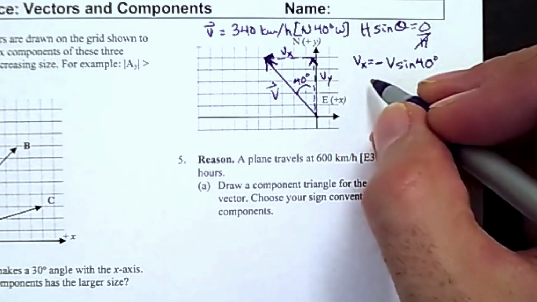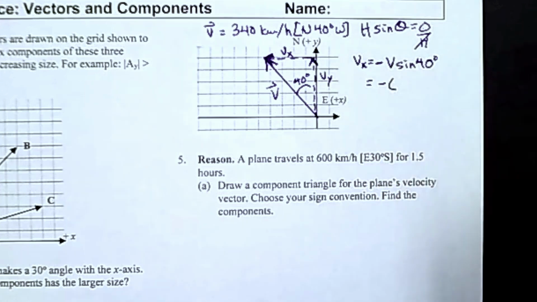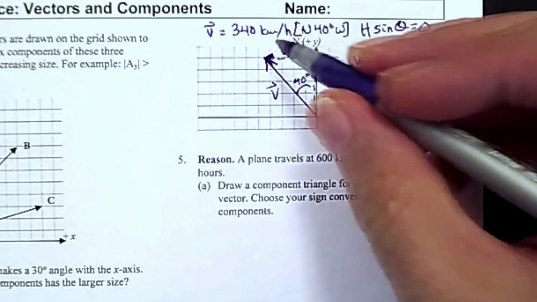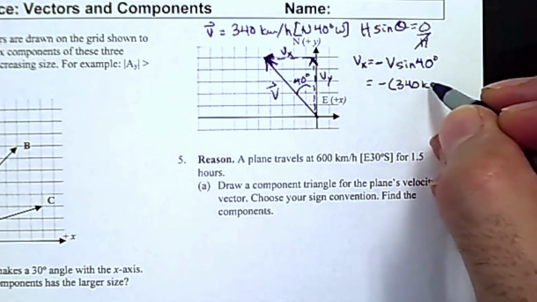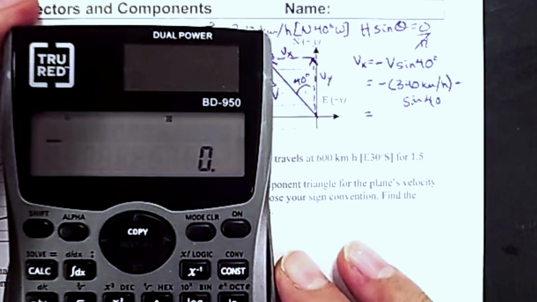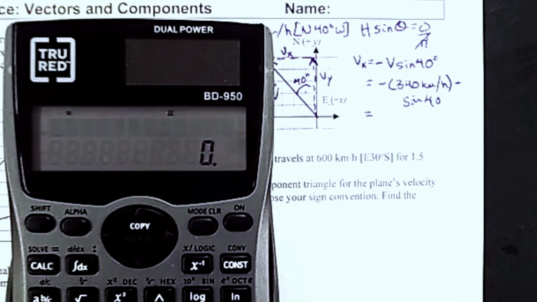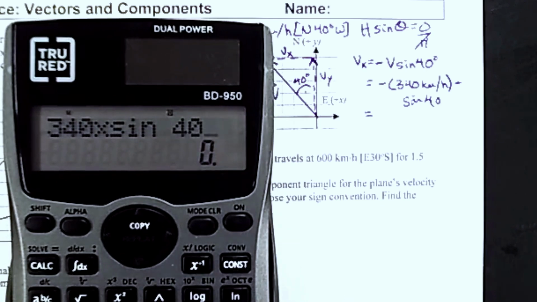Okay, so we have that set up. We can do the substitutions. Always use brackets for the quantity that you're substituting. Always write down the units. Now it's time to use the calculator. 340 times the sine of 40 degrees.